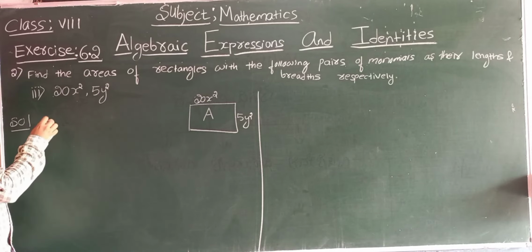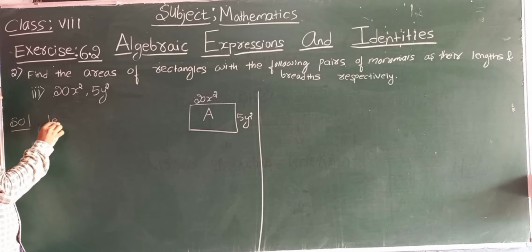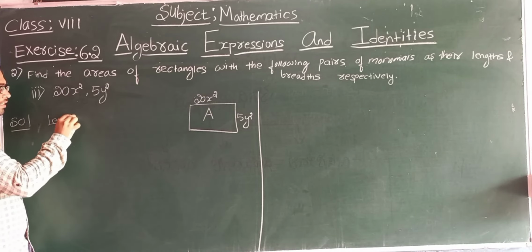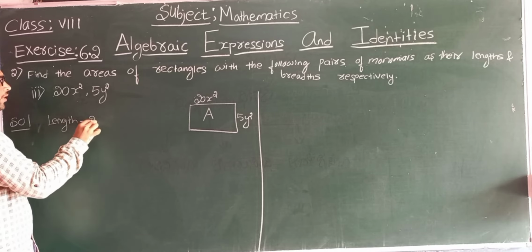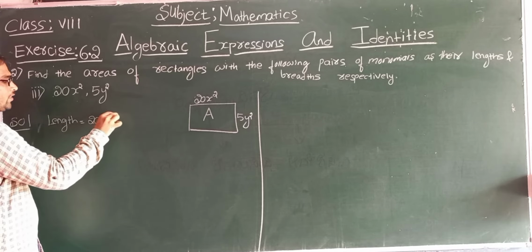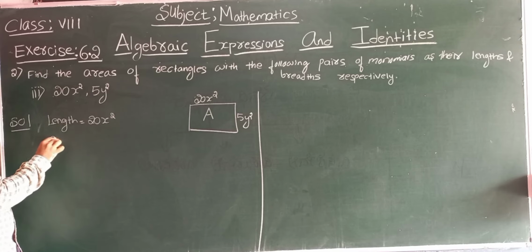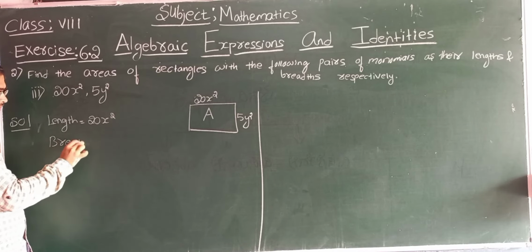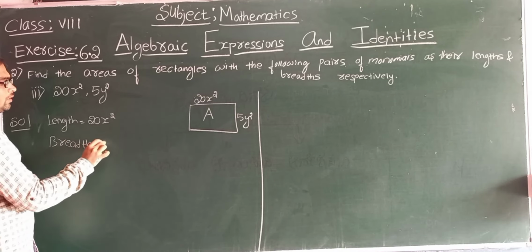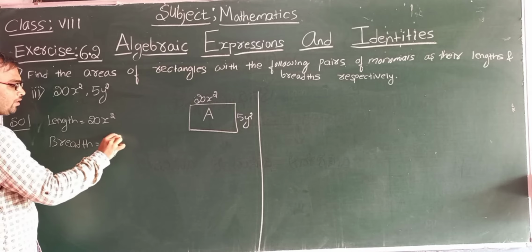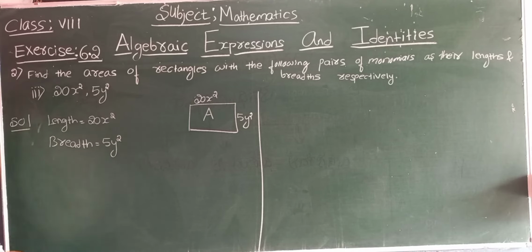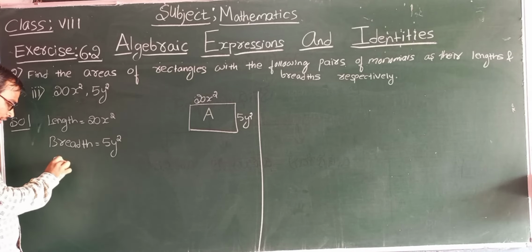Okay, students. So here what they have given: length is 20x square, and breadth is 5y square. Okay. Now area of the rectangle.